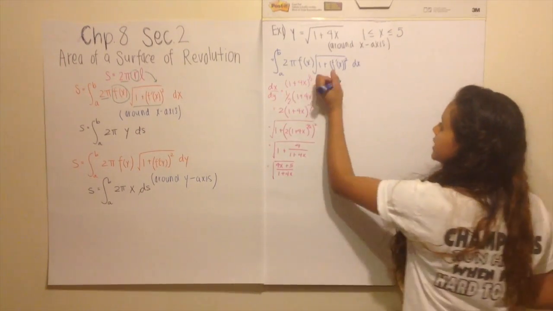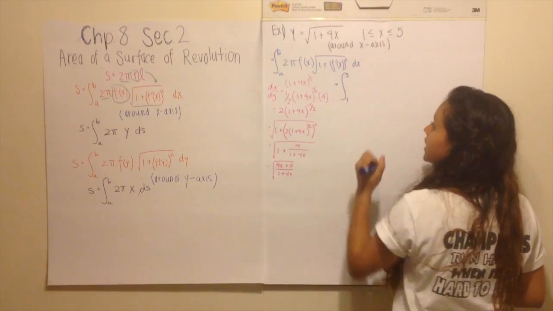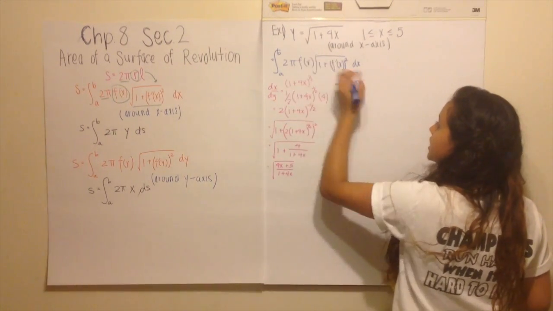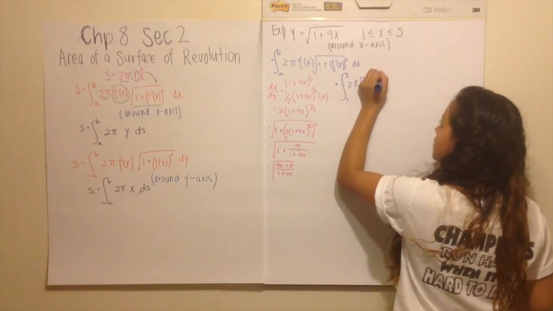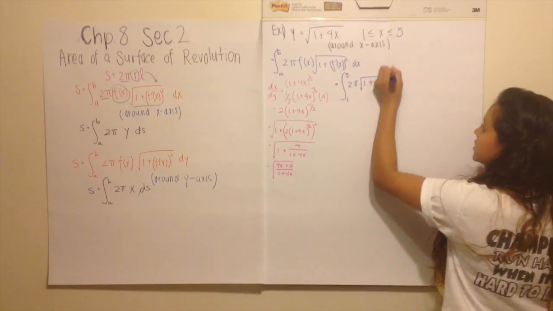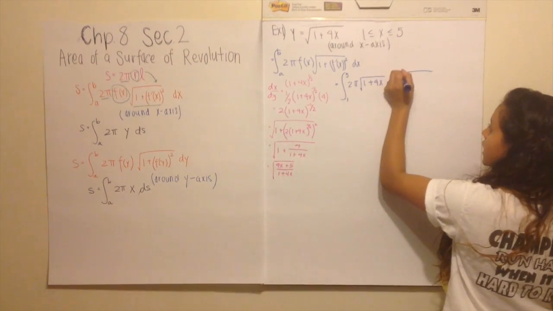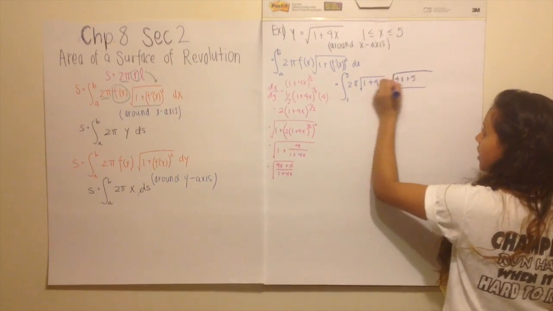So when we put it back in here, it's going to be from 1 to 5, 2 pi f of x, so we get to put our function, square root of 1 plus 4x, times our arc length, which is the square root of 4x plus 5 over 1 plus 4x. And we actually want to combine these, and you'll see why.